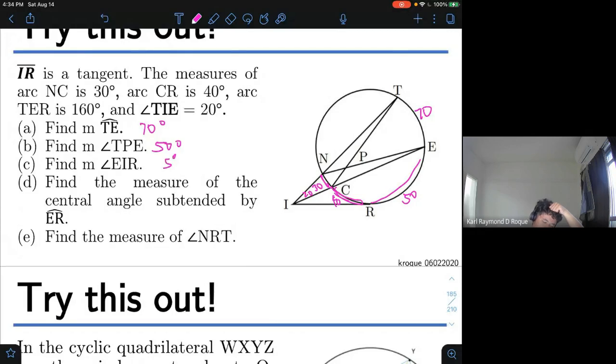Find the measure of the central angle subtended by ER. 50 degrees central angle, 25 degrees. Ay, sorry, 50 degrees din. Find the measure of NRT. NRT is this.